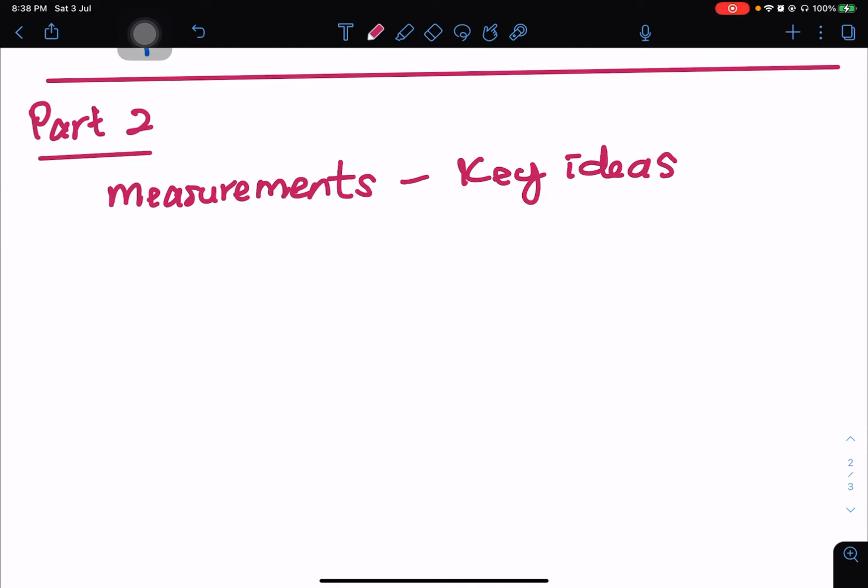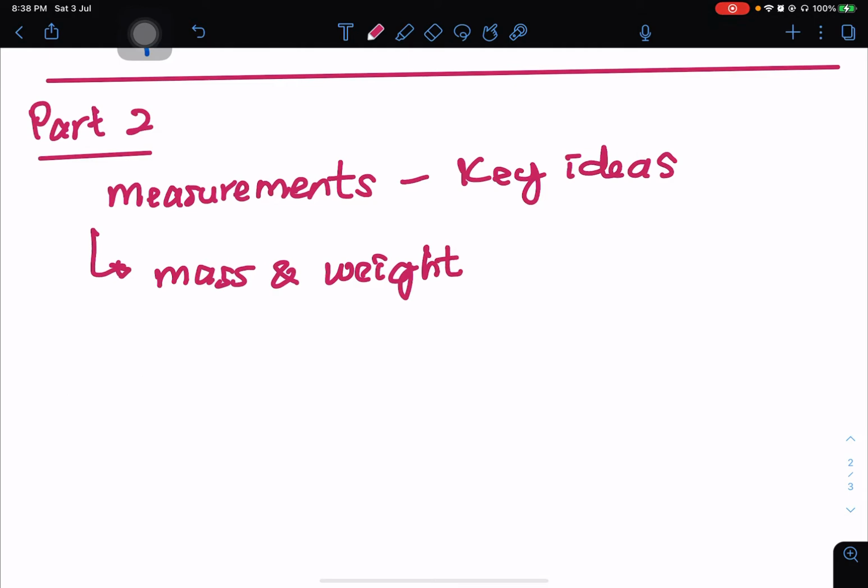We look at the difference between mass and weight. In the recorded lecture, I also included experiments I did on what mass is and what weight is, and how you measure mass and how you measure weight.